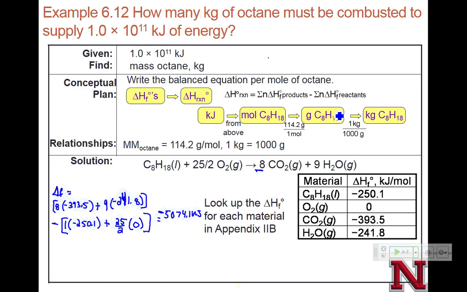So what this tells me is, for every 1 mole of C8H18 burned, we form 5,074.1 kilojoules of heat.